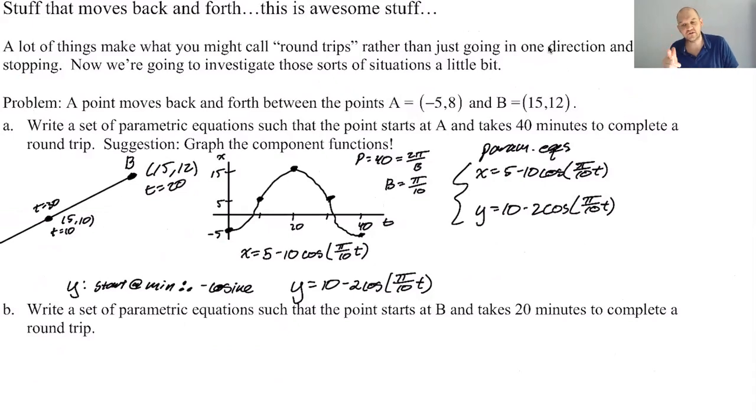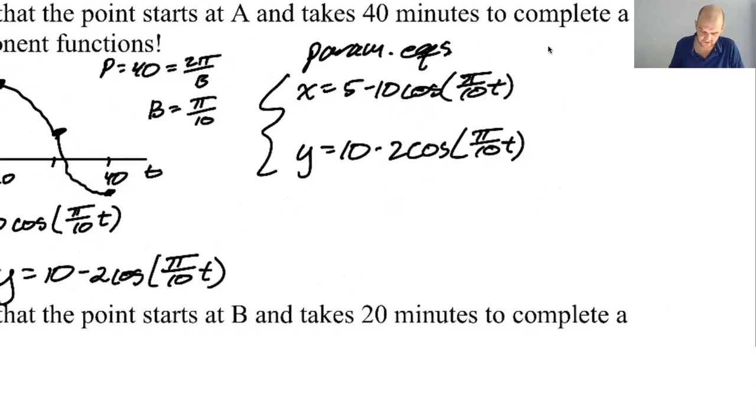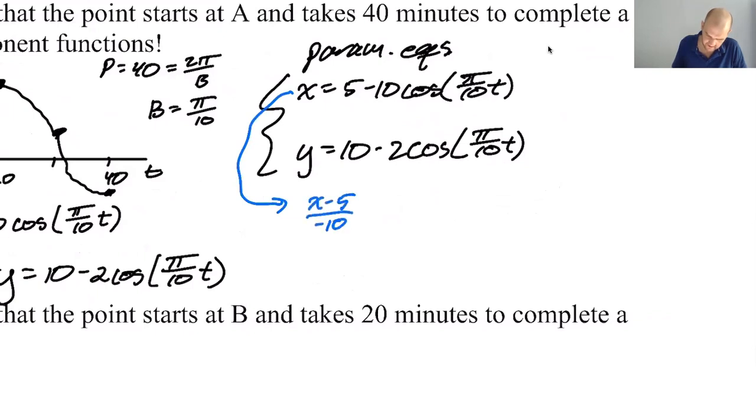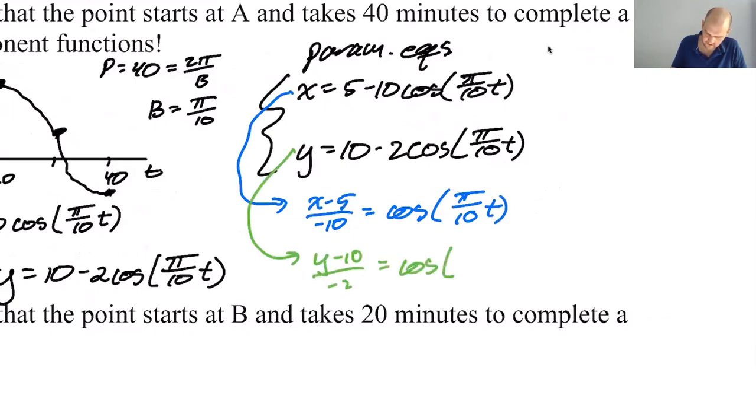I think you shouldn't have been. And the reason is, if we wanted to eliminate the parameter here, I would say from here that x minus 5 over negative 10 is equal to cosine of pi over 10t. And from here, y minus 10 over negative 2 is also equal to cosine of pi over 10t.